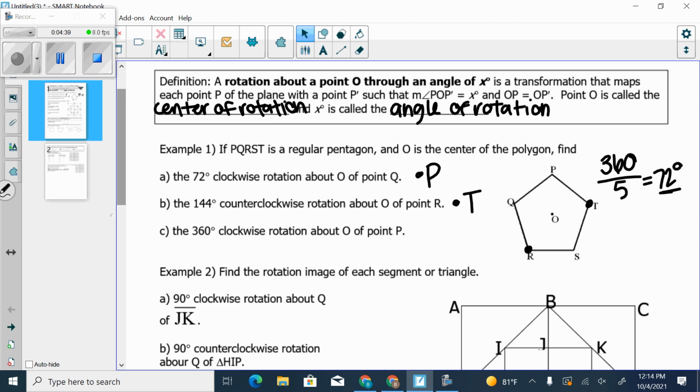Okay. And then problem C says they want us to go 360 degrees clockwise of point P. Right. If I go 360 degrees, that's the whole thing, right? I'm coming right back to where I started. So if I start at point P and I go 360 degrees, I'm going to end up right back at point P.